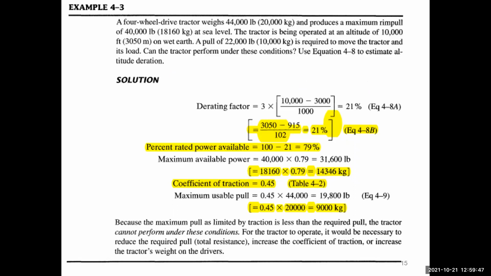So let's see one example. A four-wheel drive tractor weighs 20,000 kilogram.